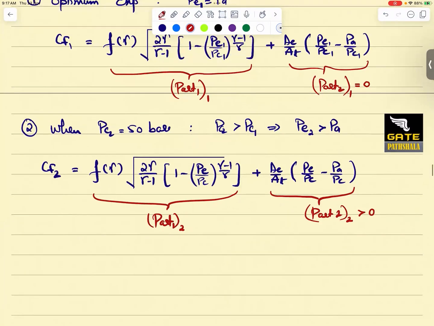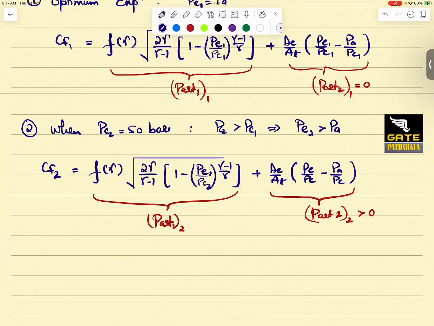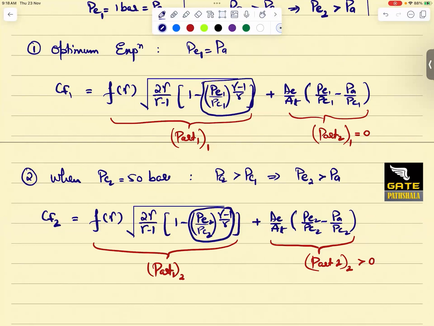It will become greater than 0. Whereas, what about part 1 of the second case? Will it be more or less? When the chamber pressure is increasing, what will happen to this quantity? Even it may remain the same, not necessarily that it should become less, because with increase in PC, PE also increases.